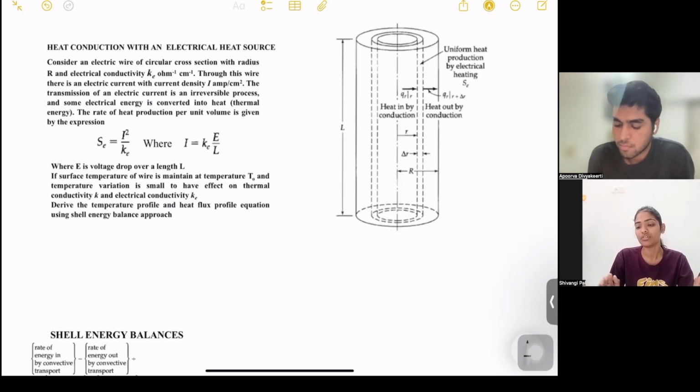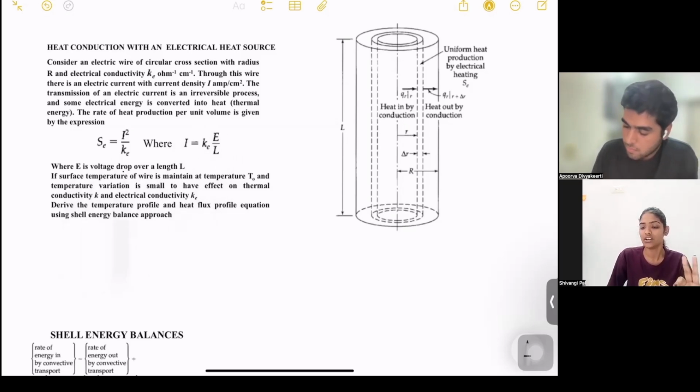The transmission of electric current is an irreversible process, and some electric energy is converted into thermal energy. The rate of heat production per unit volume is given by the expression Se equal to I square by Ke, where I equal to Ke into E by L. Here E is the voltage drop over the length L.